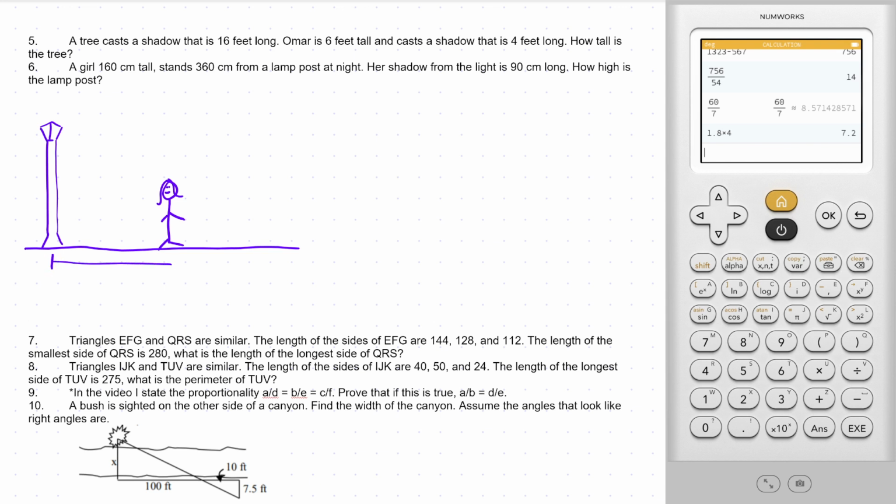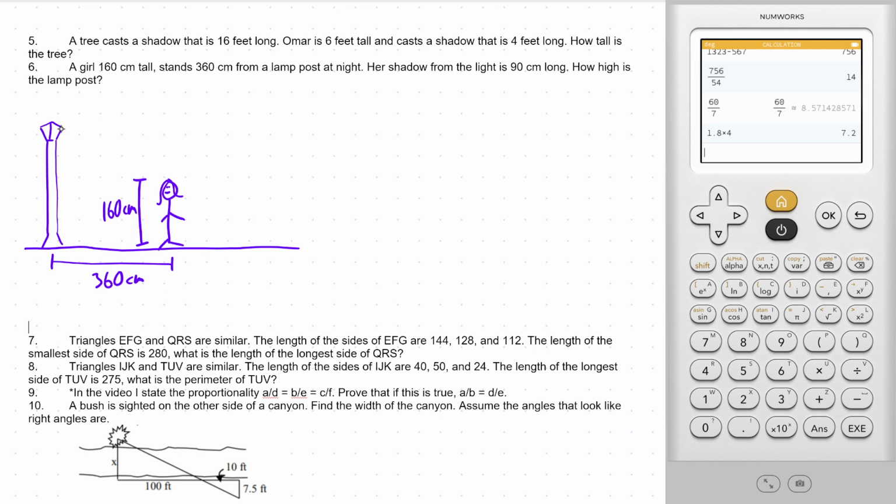Well, this says this distance is 360 centimeters. Okay. And it says the girl is 160 centimeters tall. So 160 centimeters. Okay, and now it says her shadow is 90 centimeters long.